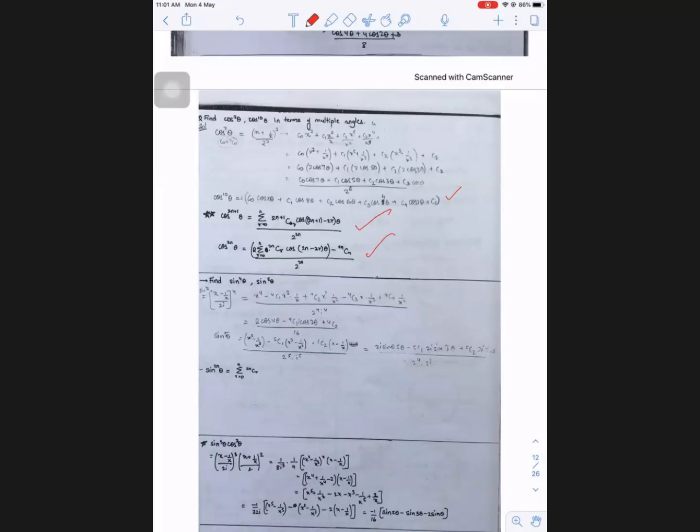The general term is (2n plus 1)Cr into cos (2n plus 1 minus 2r) theta, so the cos multiples are decreasing. For cos power 10 theta, it's 2 times 10C0 cos 10 theta plus 10C1 cos 8 theta, 10C2 cos 6 theta, 10C3 cos 4 theta, 10C4 cos 2 theta, plus 10C5 extra.